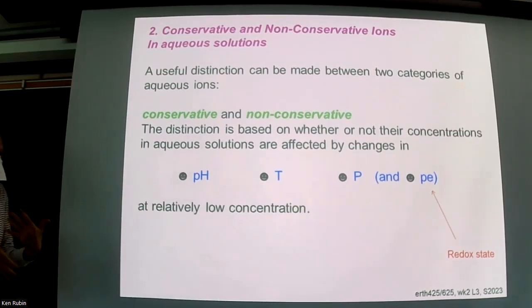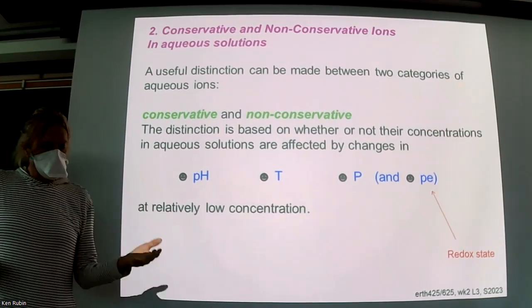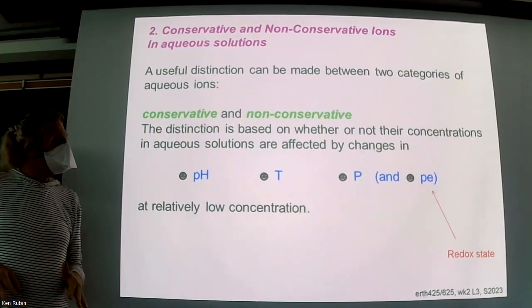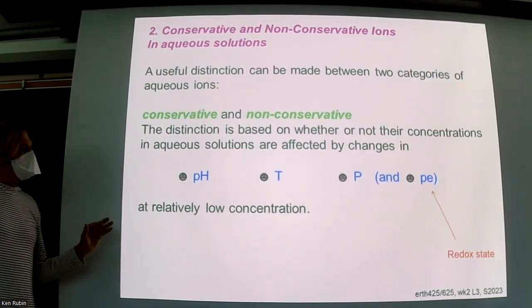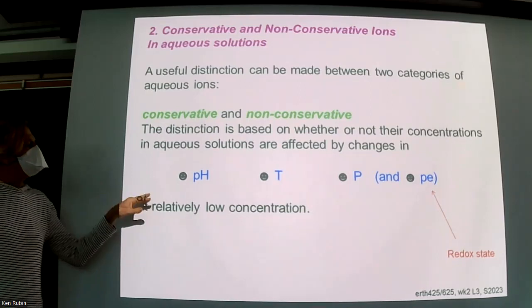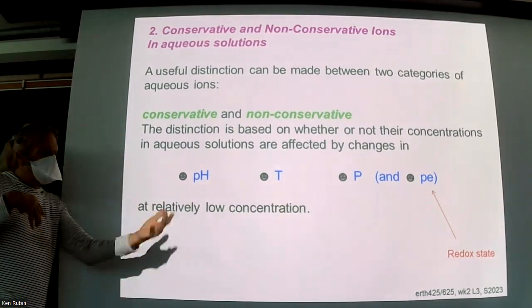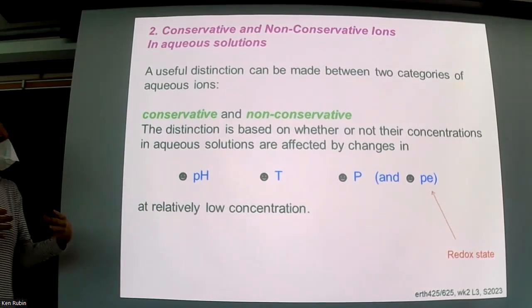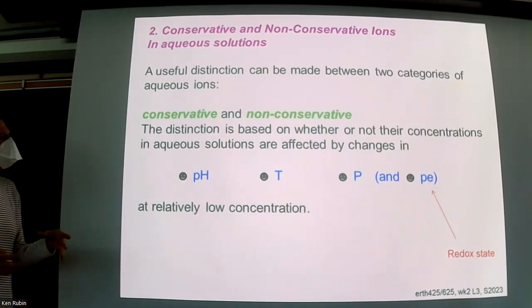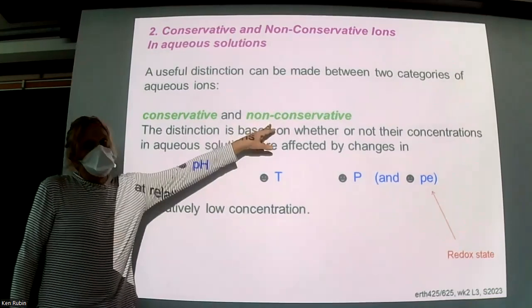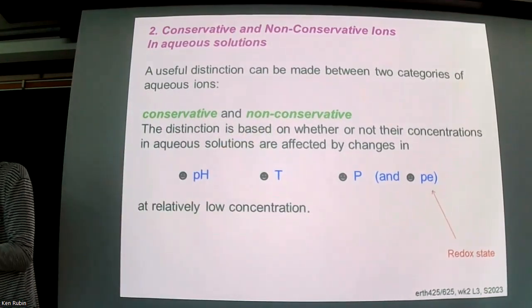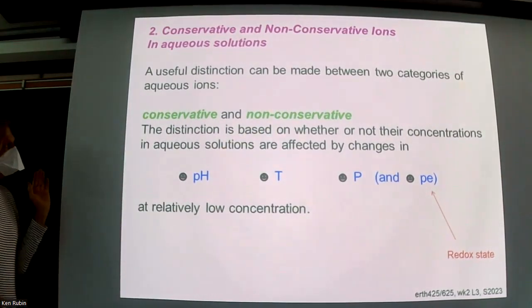So whenever we're trying to categorize an environment, we always look for some conservative chemicals in there because they are less likely to have been affected by some of these major variations. Figure out how much is there and where they come from, and then look at other elements or ions or solutes relative to them that are non-conservative. And you can be a little non-conservative, or you can be a lot non-conservative, right?